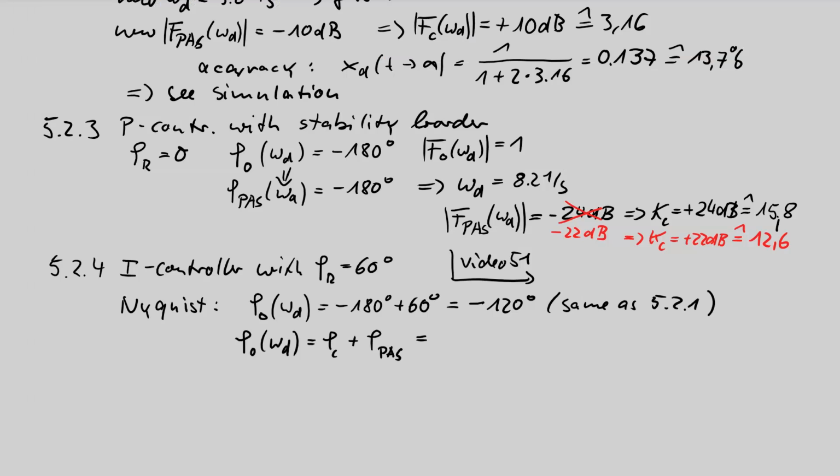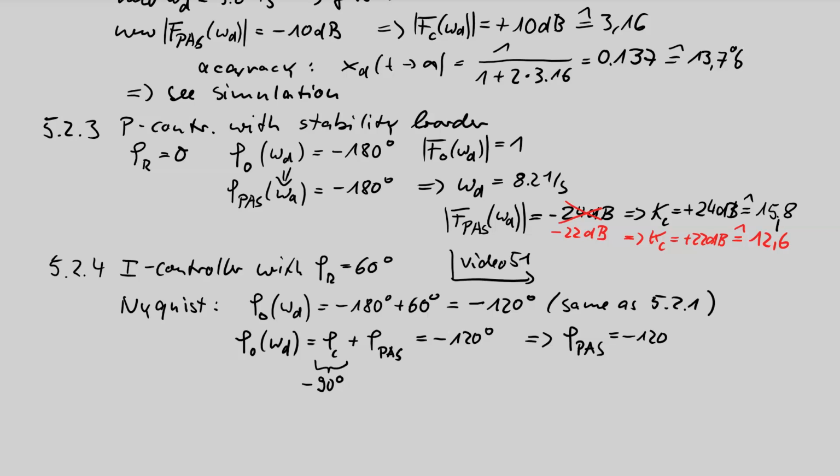Consequence is, this is minus 90 degrees, and that this is minus 120. The controller brings a large negative part. So for the process, there is only now a small range possible. We can solve this for the process phase, PAS, which is then negative 120 plus 90.